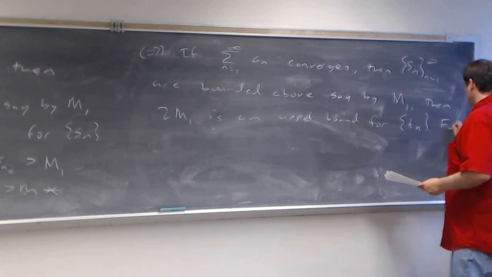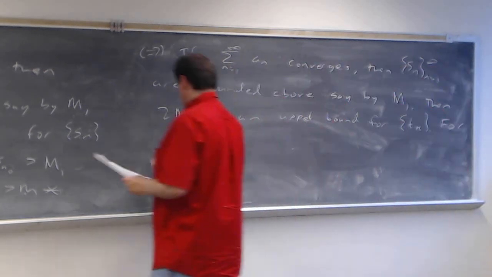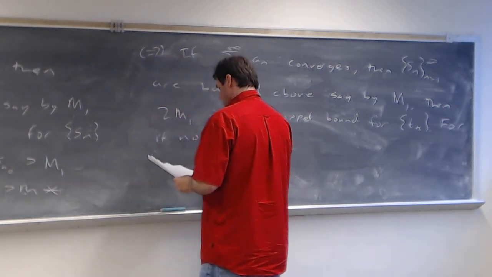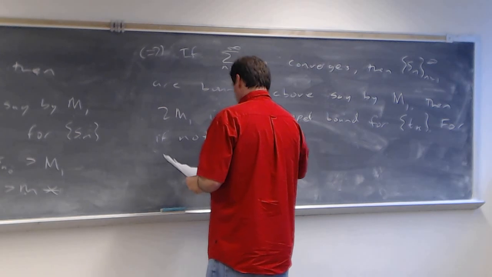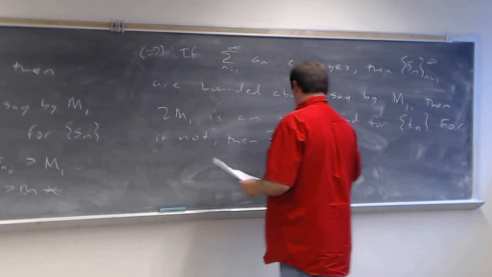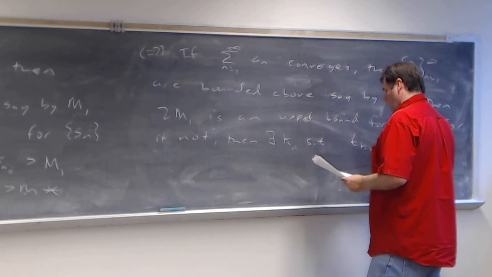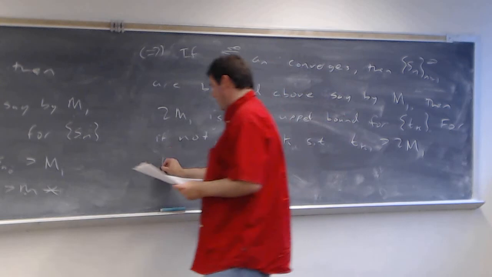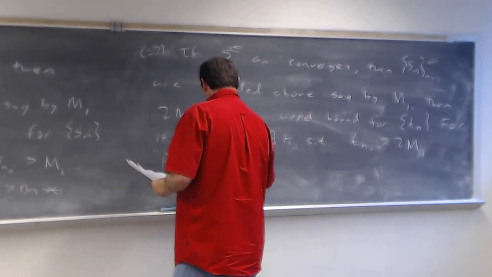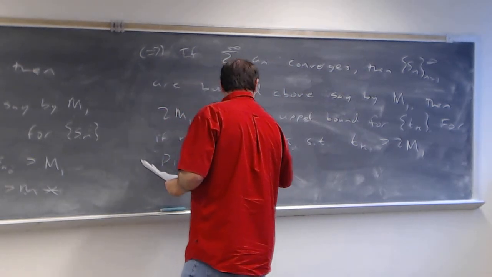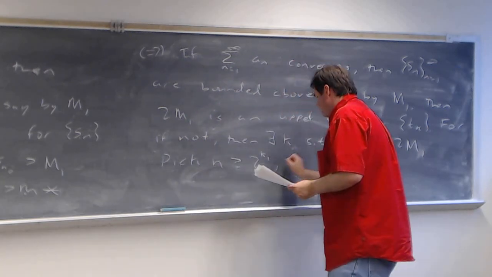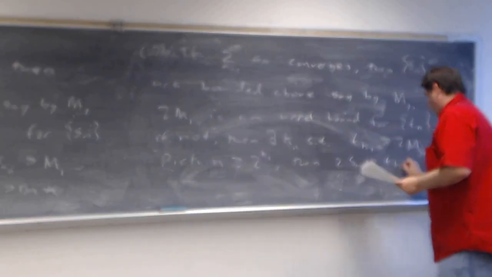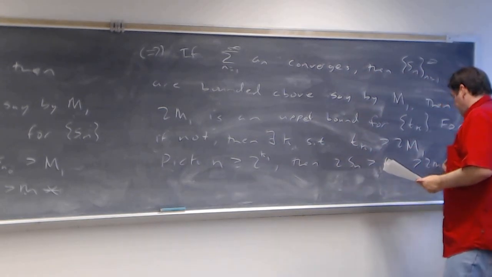For if not, then there exists a k sub 1 such that t sub k sub 1 will be greater than 2 times m sub 1. And so at this time we pick n greater than or equal to 2 to the k sub 1, then 2 times this S of n will be greater than t sub k sub 1, which will be greater than 2 m sub 1.